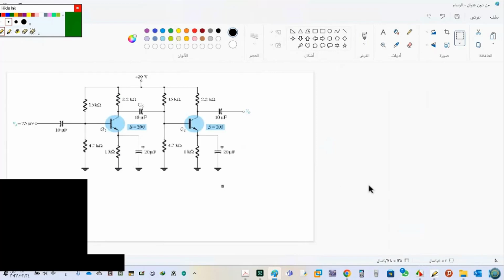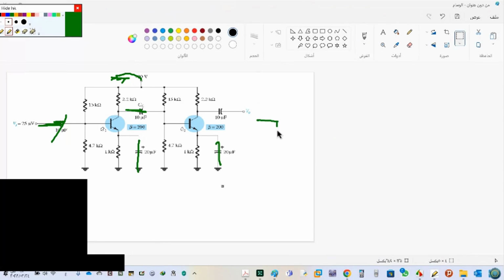Now this is the full circuit. I will draw the AC equivalent for you, the RE model. For the RE model, this is open, this is short, short, short, short, and this will also be short. So let's start with this one.